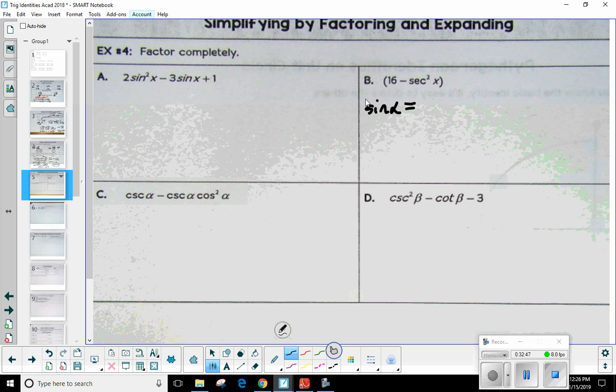Give me a letter. Okay, L. So we're going to say sine of x is equal to L. I'm just going to replace this, so that would be 2L squared, because L is sine, minus 3L plus 1. Doesn't that look a lot nicer and more inviting than the one with the trig expression?